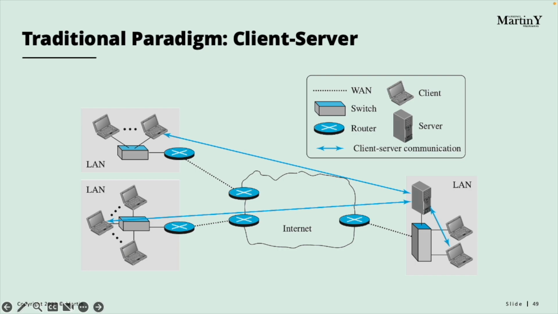Let's say the server holds a web page, right? If you want to see this web page, you're going to send a request to the server, and the server then is going to provide you that page as a response. You can see that this server can be anywhere. It can be in your own network, the local area network. It could be anywhere around the world. We can see that every day, right?